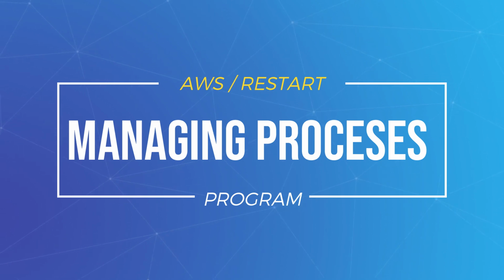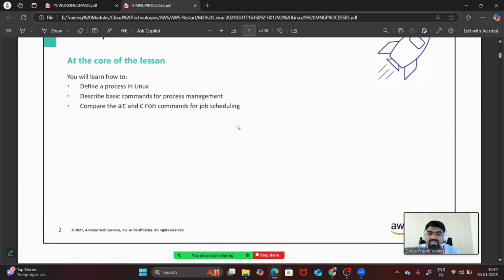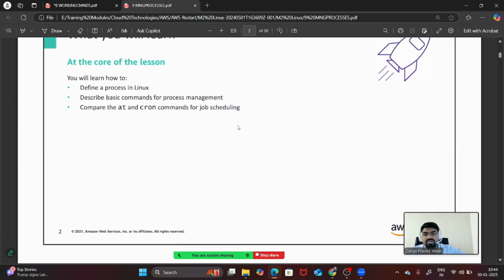Now, when we are talking about a process, it means if some program is running either in the foreground or background of your Linux operating system, that is nothing but your process. What is a process? Basically, a process means a set of programs.